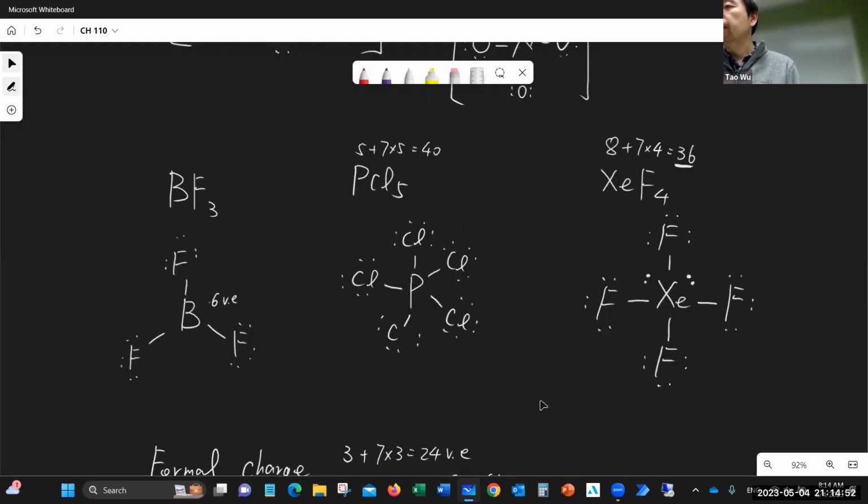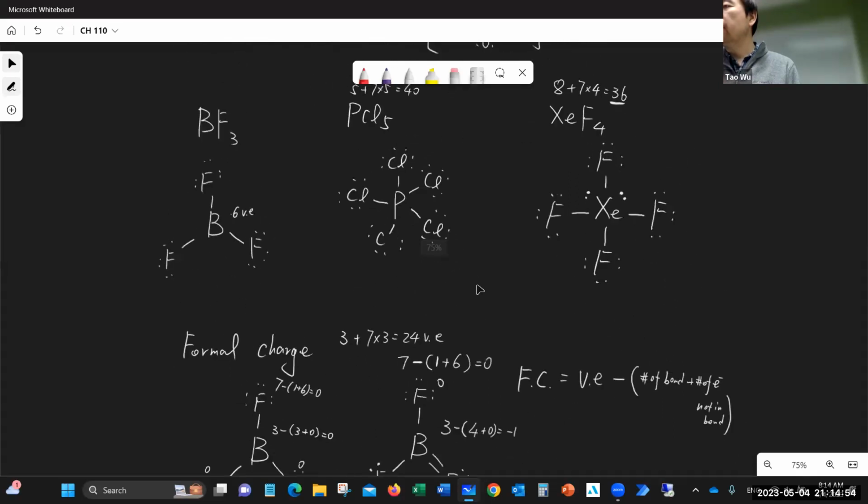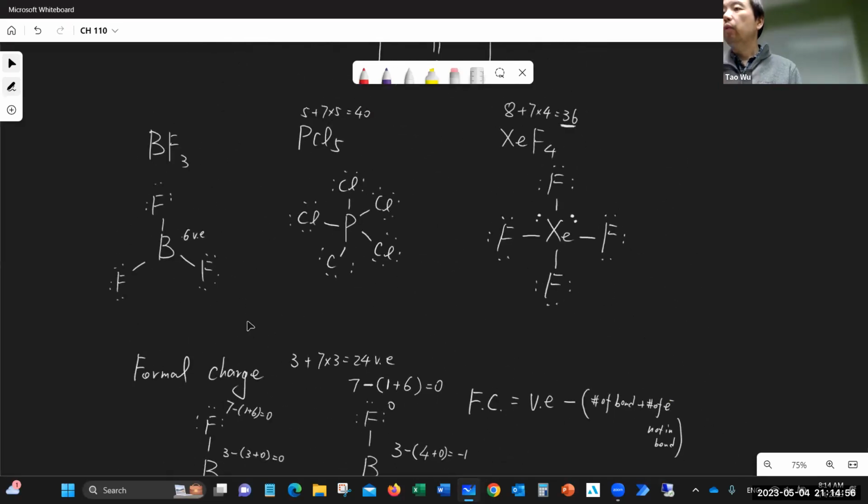And we also talk about some of the exceptions. The central atom can have more electrons or fewer electrons, but in the exceptions, all the side atoms follow the octet. Which means the side atoms always have 8 electrons, or 2 electrons.